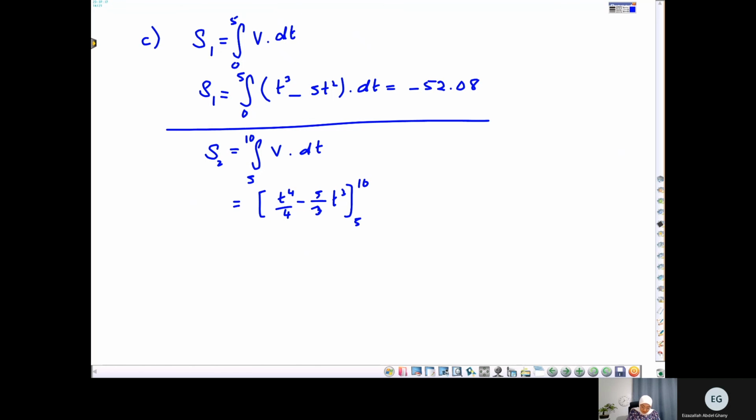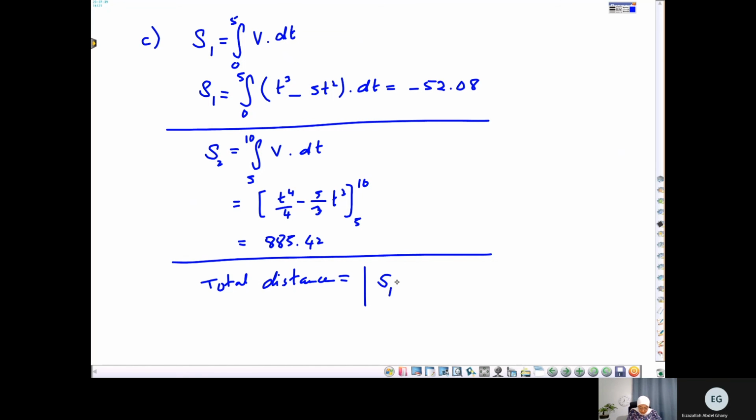After substitution and subtraction, you will get 885.42 meters. Now, in order to find the total distance, it will be the absolute value of S1 plus S2.